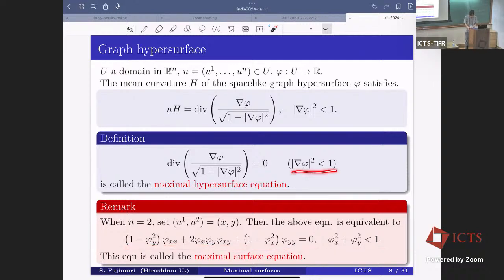And this can be computed as this. So this equation is called the maximal surface equation. And in the minimal surface equation, we have plus here and minus here, plus here. So the signs are a bit different, but we have a similar equation. Okay.